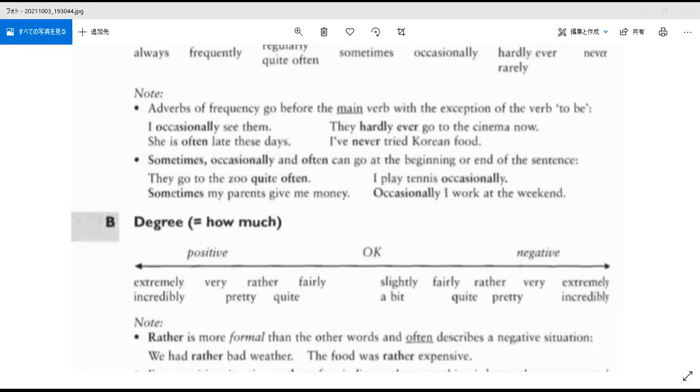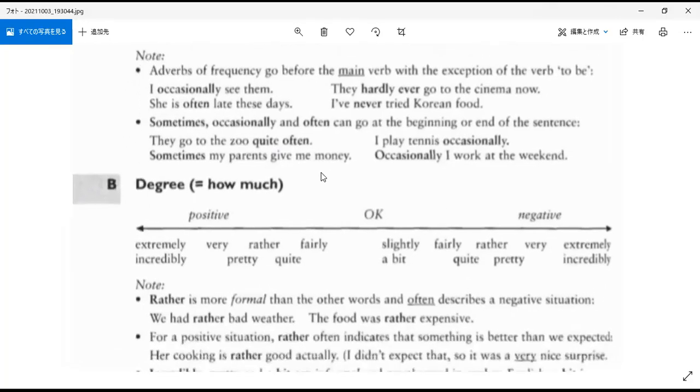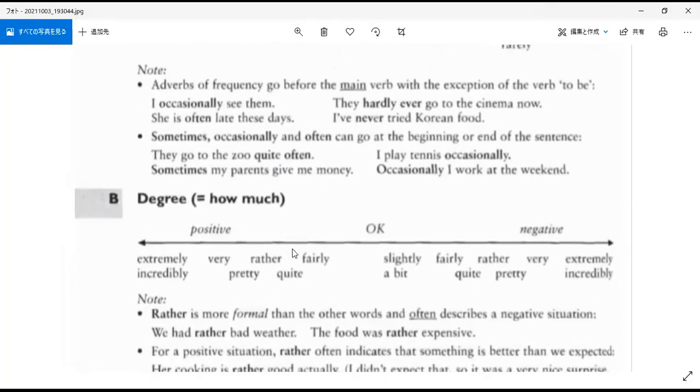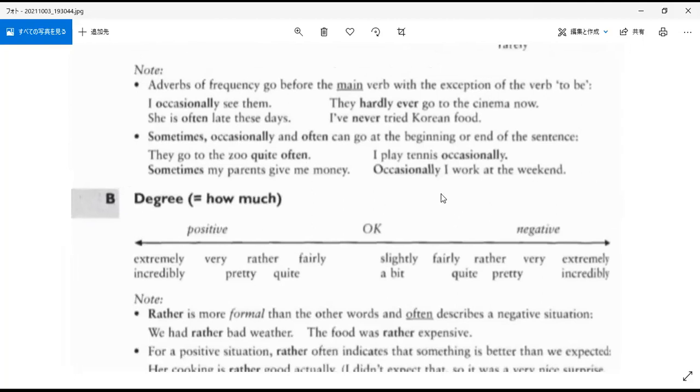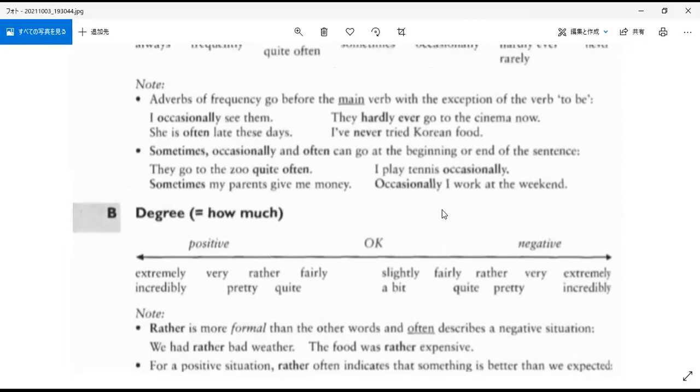Late. Yes, late is an adjective. I just saw it on Google. And then was quite often, another adverb. See, quite often. Okay. It's how much, right?